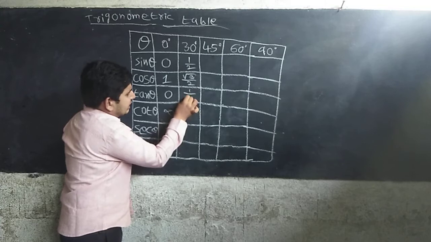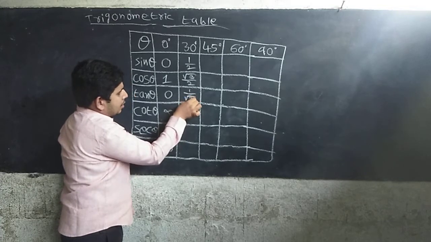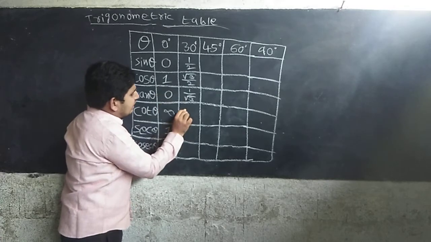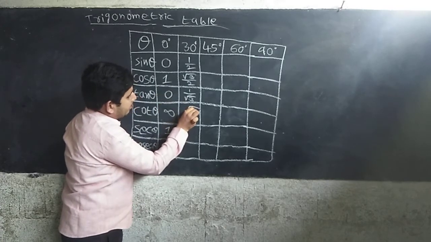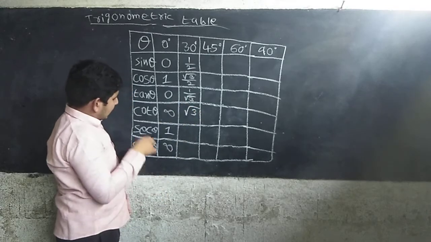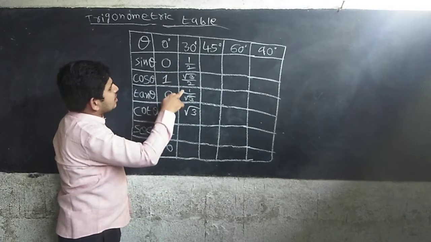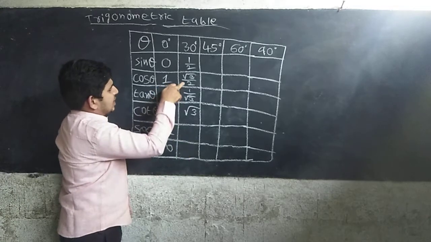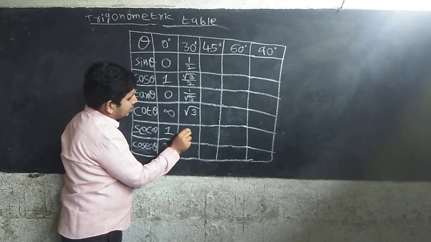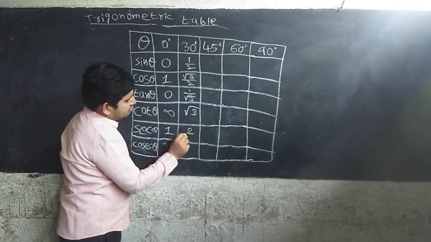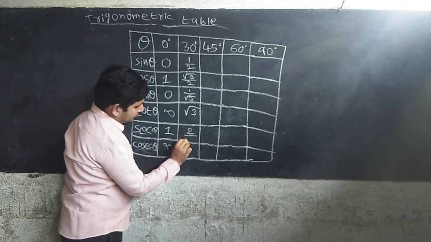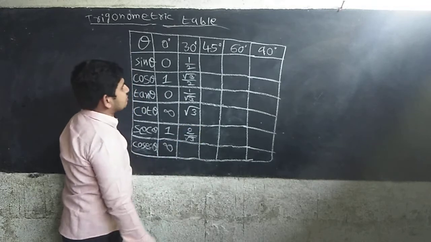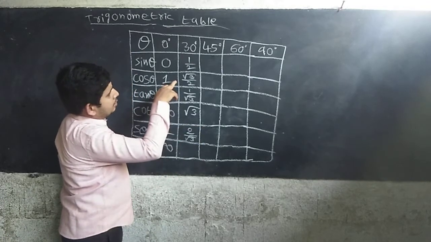Cot 30 equals root 3. Sec 30 equals 2 by root 3, since sec theta equals 1 by cos theta. Now cosec 30 equals 2.